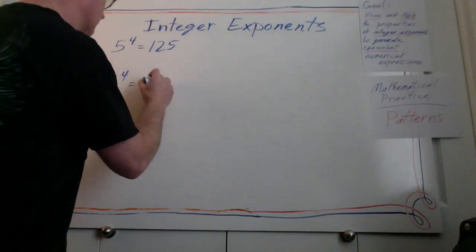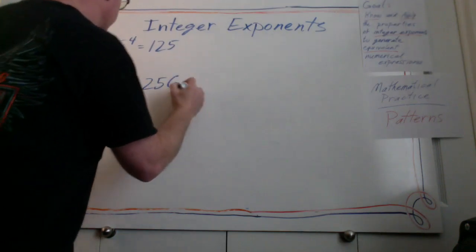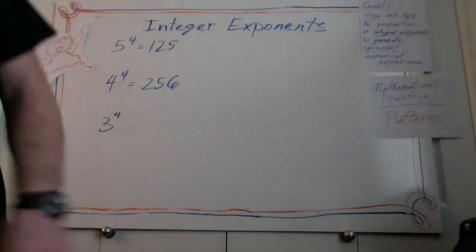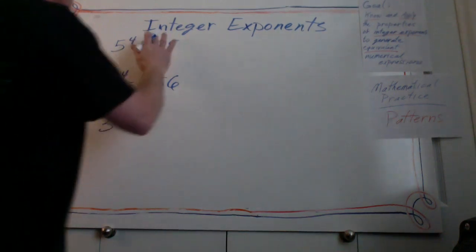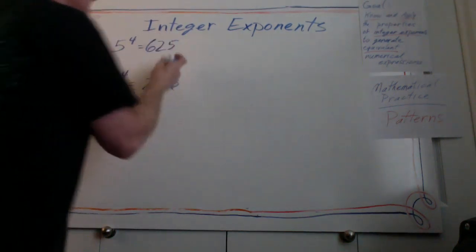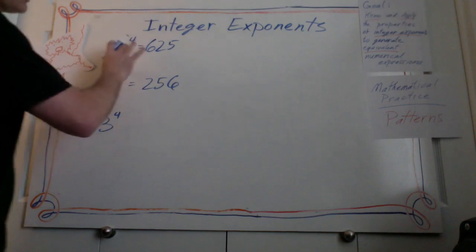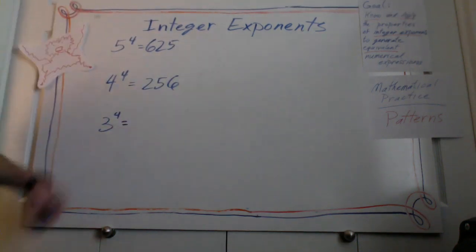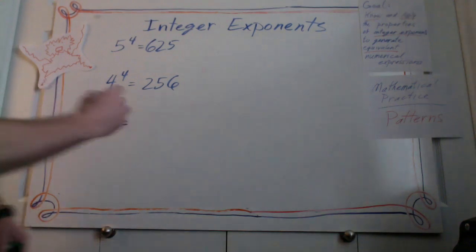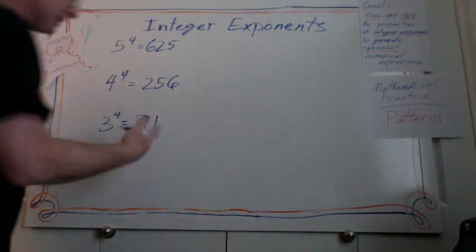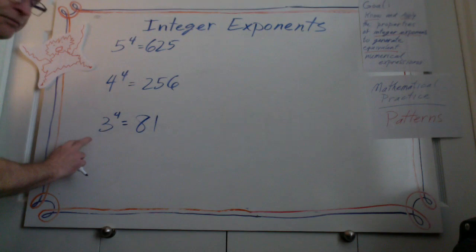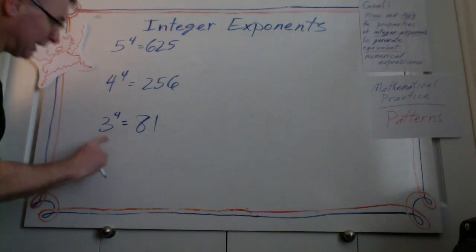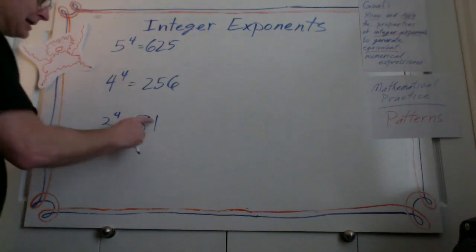I knew better than that. And I messed that first one up. It is 625. And then 256, and then 3 to the 4th is 81. I know that this is 81 because 3 to the 4th is really 3 squared times 3 squared, and 3 squared is 9, and 9 times 9 is 81.